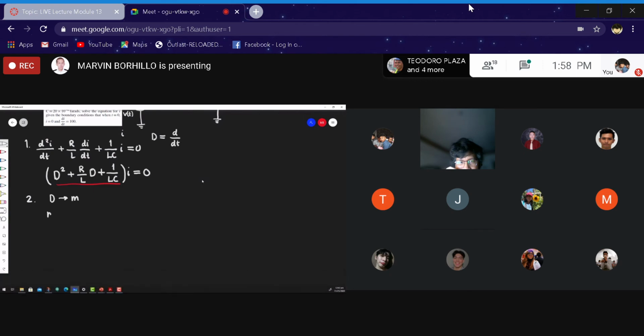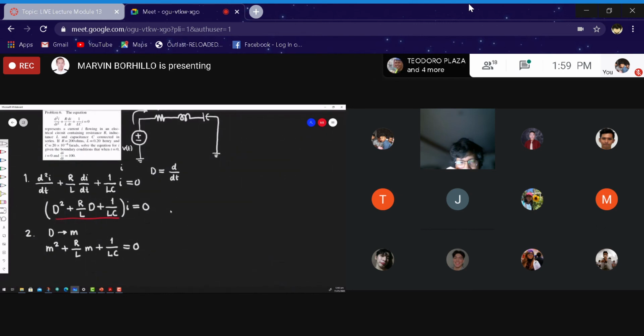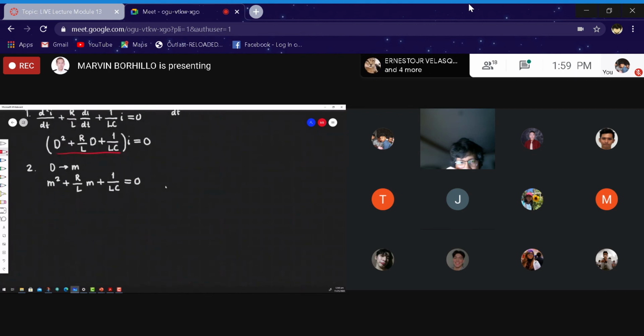So, m squared plus R over L m plus 1 over LC equals 0. In this part, you can already substitute the values of R, L, and C. That is an easier approach. But let's do the other approach.